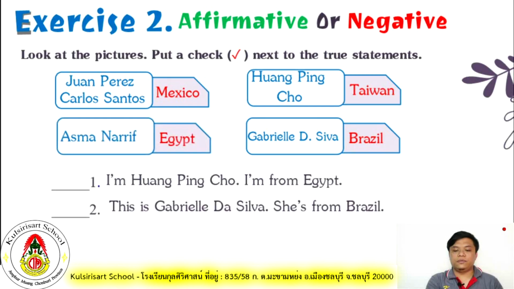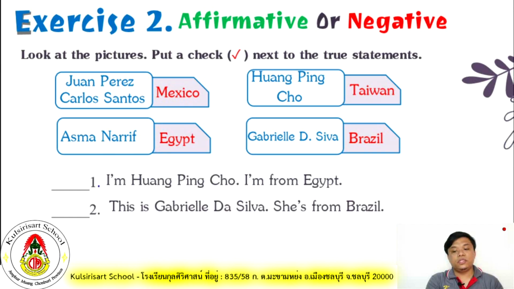Number 2, this is Gabriel. Gabriel Silva. Okay, she's from Brazil. Is she from Brazil? Yes or no? Yes, according to the sentence, it is an affirmative statement. She is from Brazil. How to make it negative? If it's negative, you put the word not. She's not from Brazil.